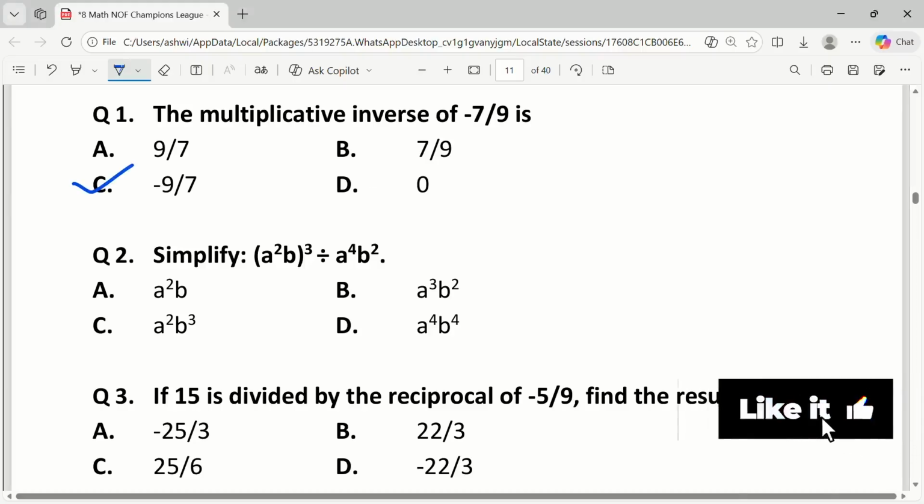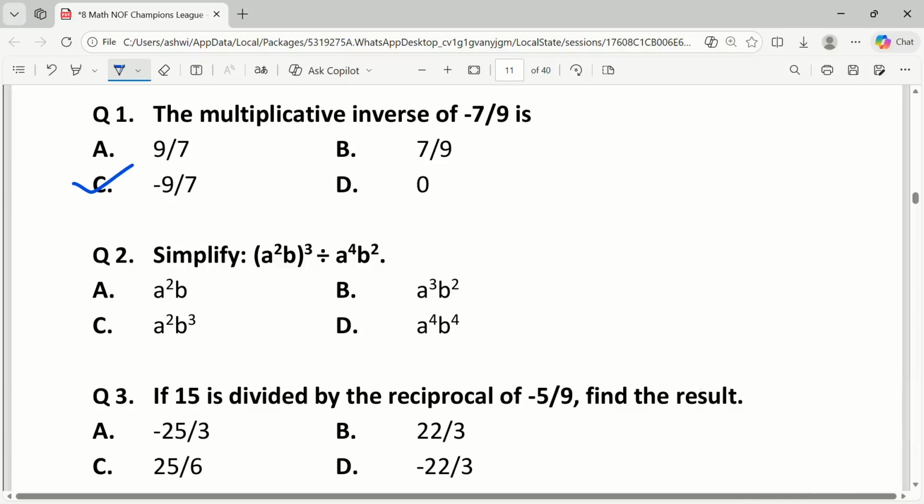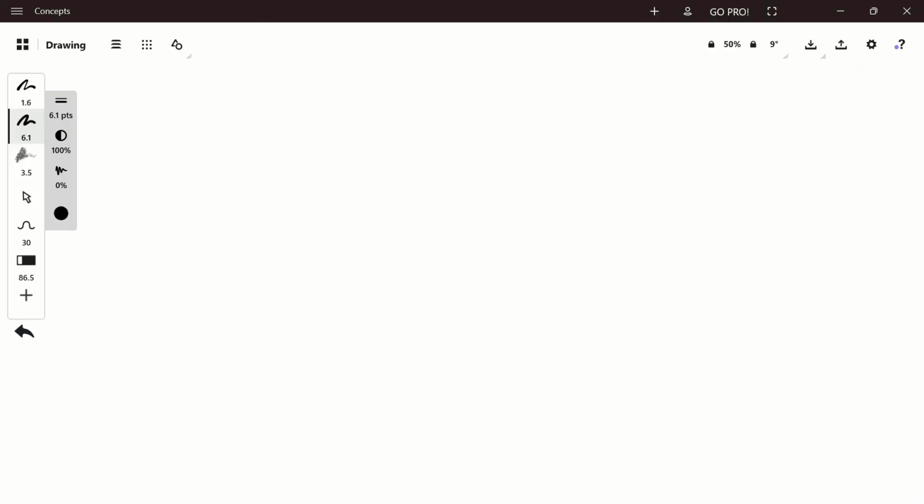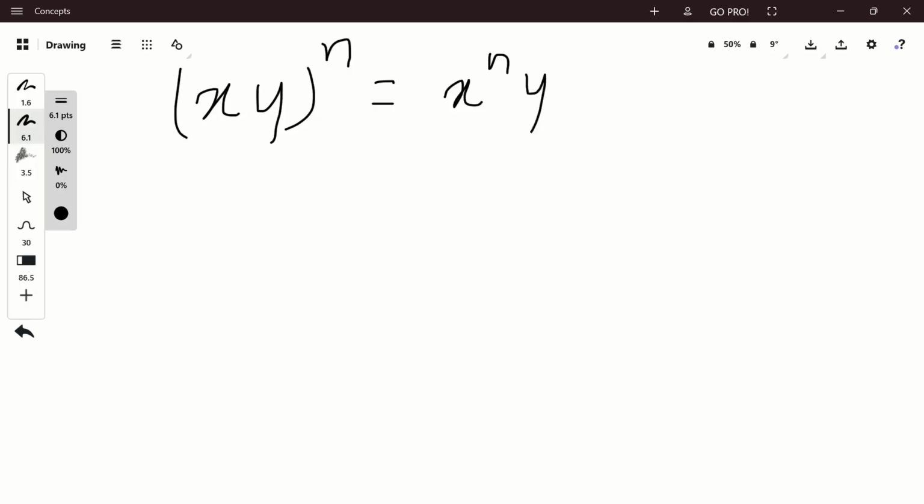Simplify (a square b) whole cubed divided by a to the power 4 b square. Expand the numerator using the power of a product rule, that is (xy) to the power n is equal to x^n y^n, and the power of a power rule, (x^n)^m is equal to x^(mn).